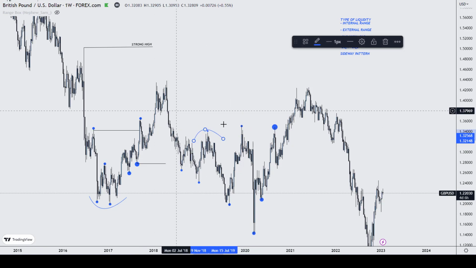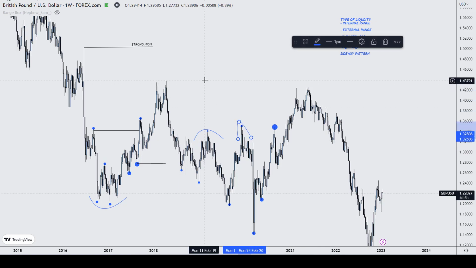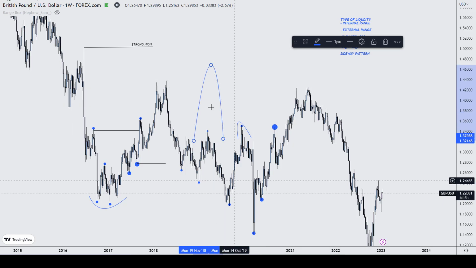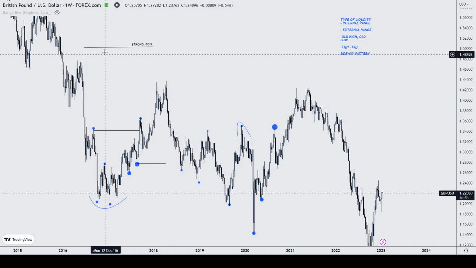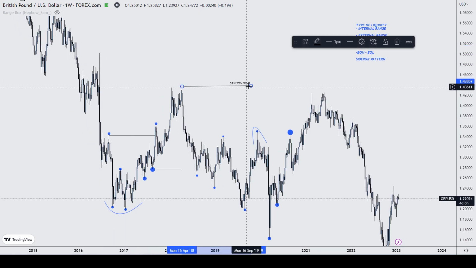This is a weak high because these two highs failed to create a higher high. They failed to come in and clear this high. If this high had come and passed through this high right here and then went down, now this would be a strong high. But this is not a strong high right here. This is a strong high.